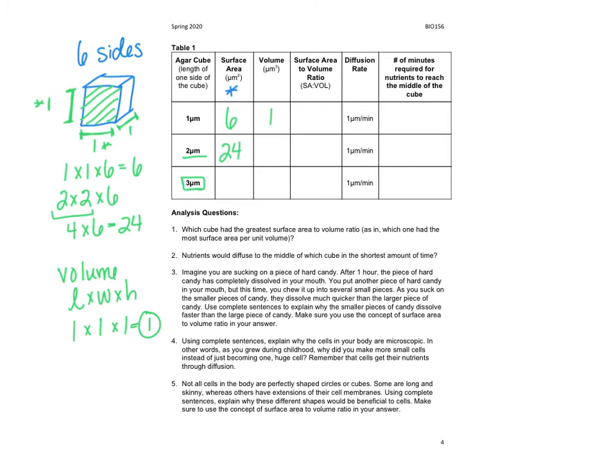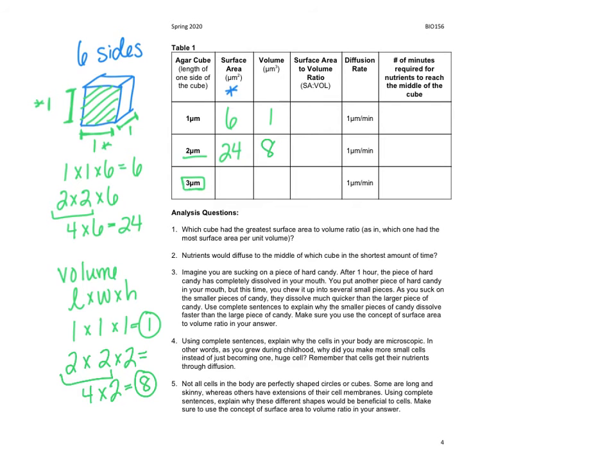For our 2 micrometer cube, we would take 2 times 2 times 2. 2 times 2 is 4 times 2, which would give us a volume of 8. And then for the 3 micrometer cube, I will let you work that one out on your own.